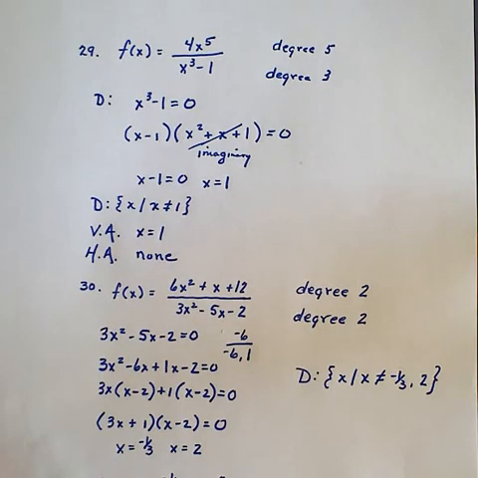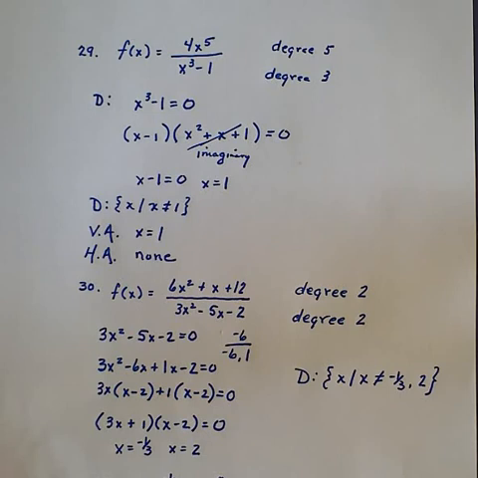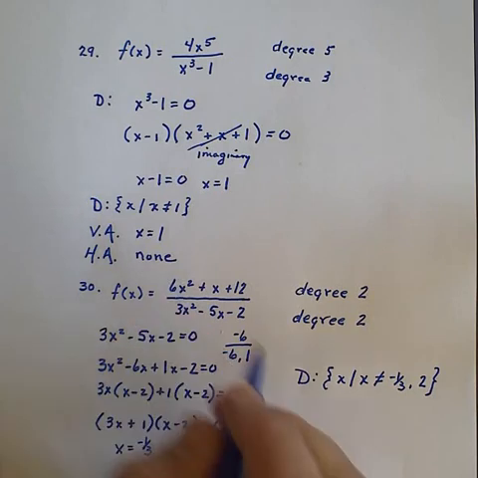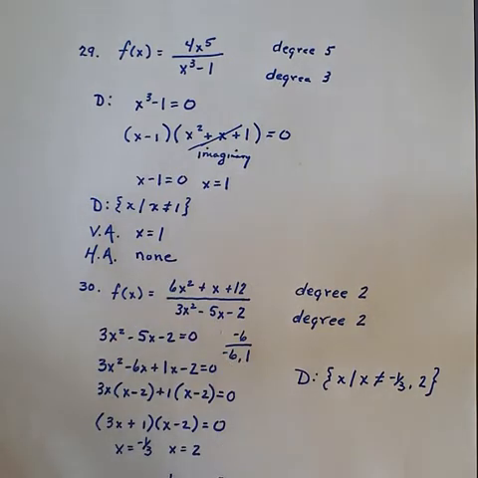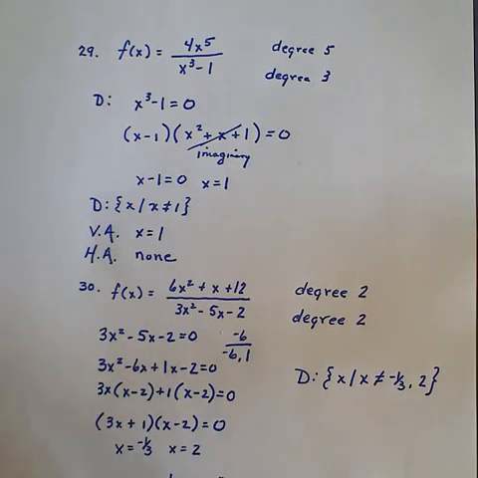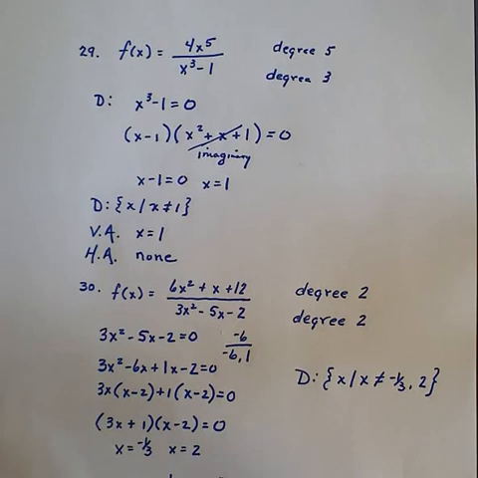When the degree of both your numerator and denominator are the same, you take the leading coefficients, the coefficients in front of those terms, create a fraction, and reduce it. In this case, I'm going to take the 6 here and the 3 here. And if you reduce that down, 6 over 3 is 2.